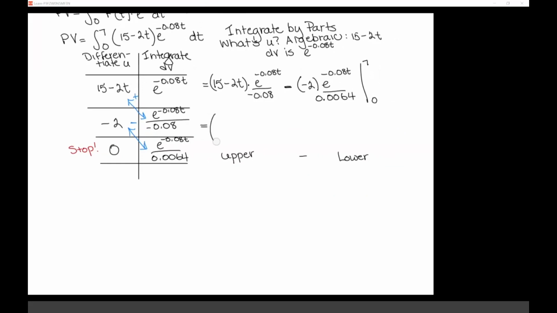I probably should switch to square brackets to make it clearer what I'm doing. So this is 15 minus 2 times 7 times e to the minus 0.08 times 7. There it is with 7 plugged in. Then I need the second piece with 7 plugged in as well.